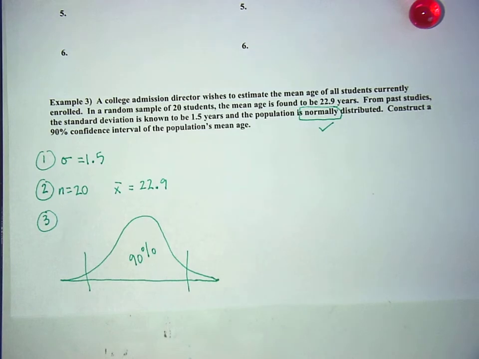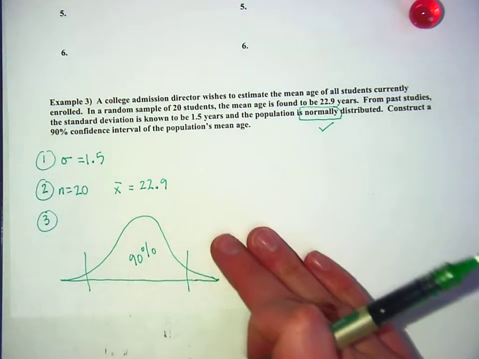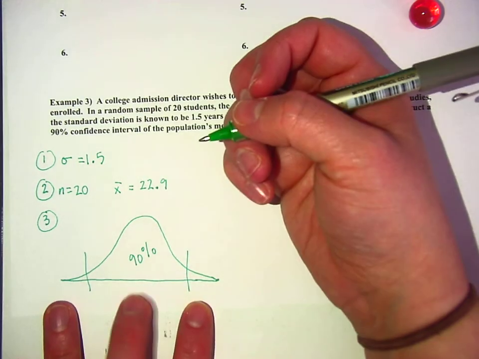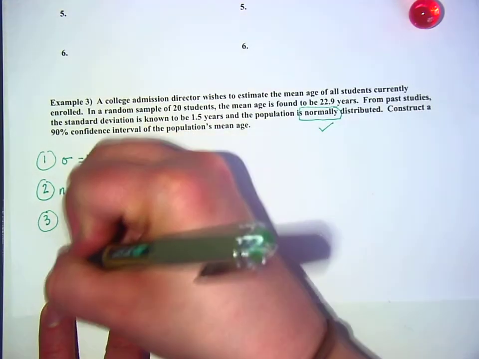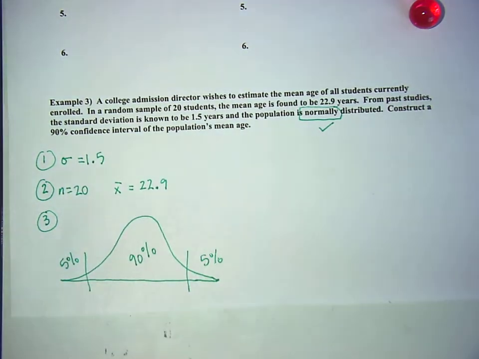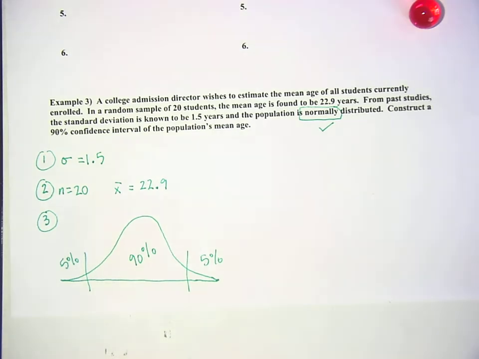But on the AP test, they like to ask, what if you're 82% confident, to see if you can do this. So if 90% is in the middle, what percent is on the sides? 5%? All right, so grab your Z-score chart, look at it with your partner, and decide what the critical value is.